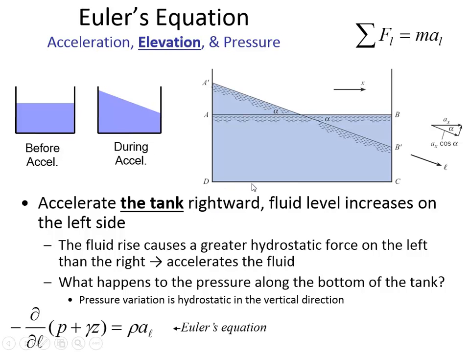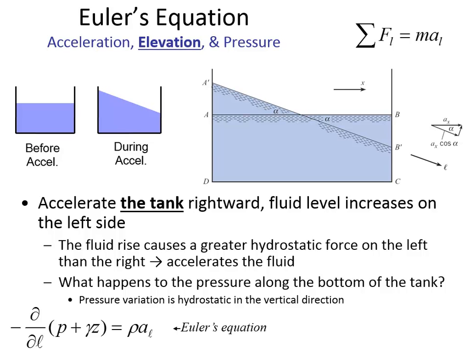Along the bottom of the tank, the pressure is going to be changing as well. Think about during acceleration. So in the case where we have a tank of water that's being accelerated to the right, the water level is no longer flat. Now the water level is like this as it's accelerating to the right. Vertically speaking, there's no out of the ordinary acceleration.